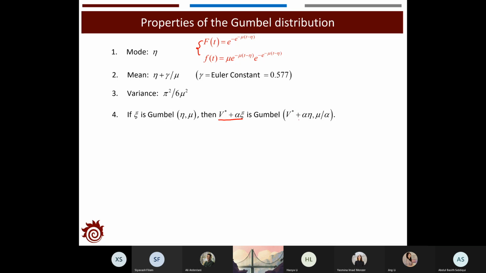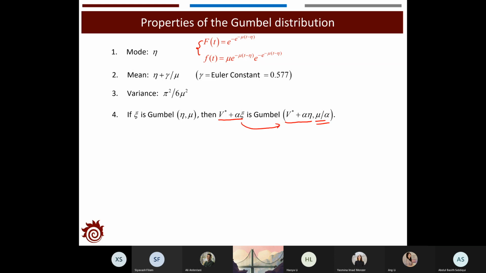With this transformation, eta becomes v star plus alpha times eta, and the second parameter becomes mu divided by alpha. That's one very important feature of the Gumbel distribution.